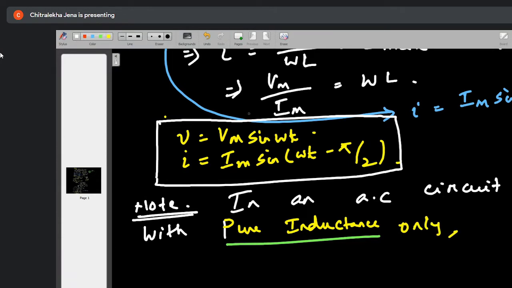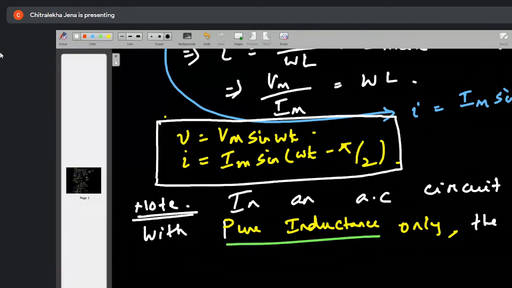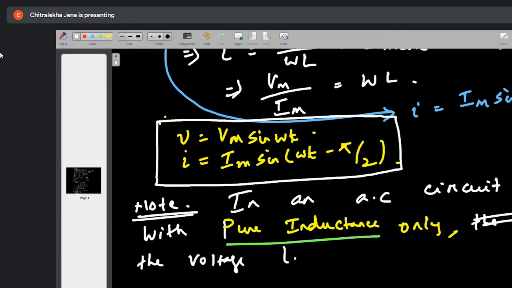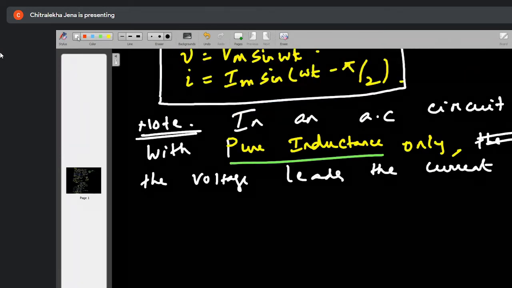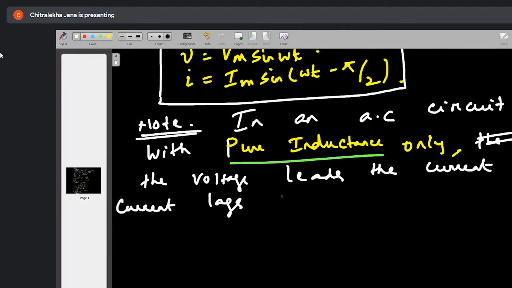In an AC circuit with pure inductance only, the phase difference between the voltage and current is such that the voltage leads the current, or we can say the current lags the voltage by an angle of, tell me, pi by 2.